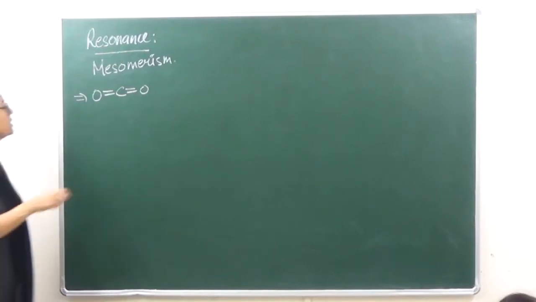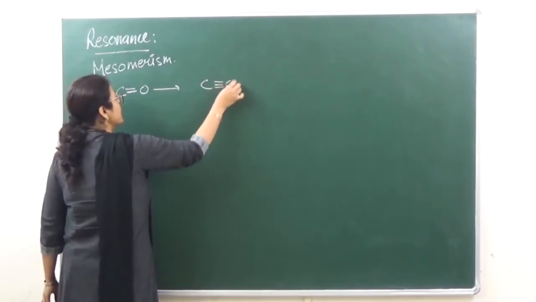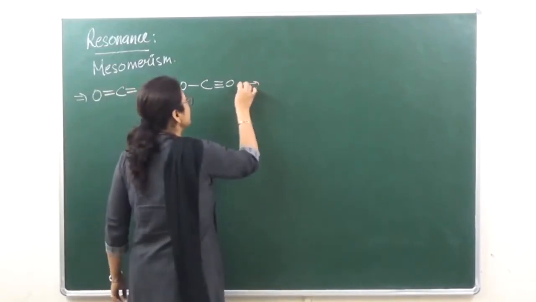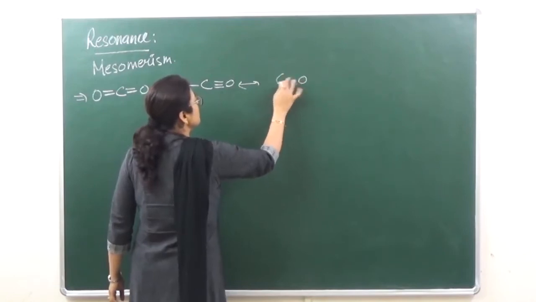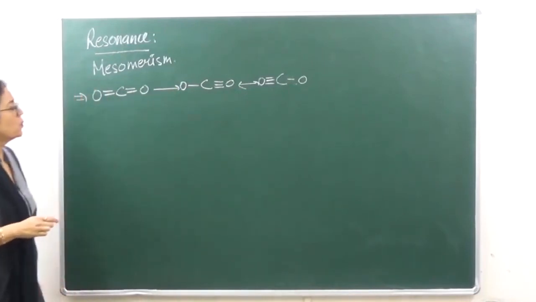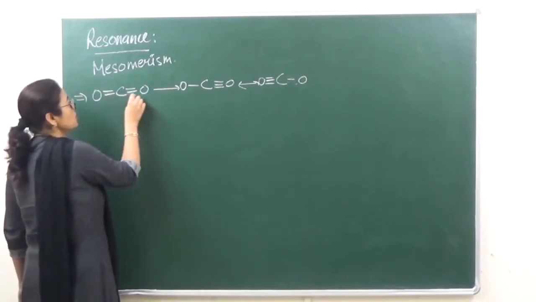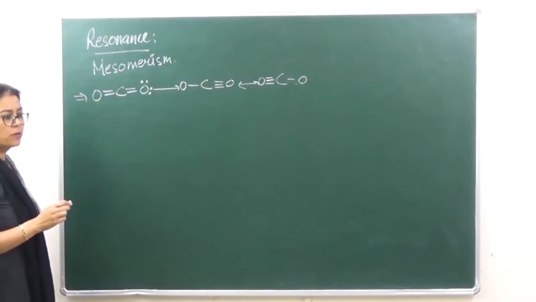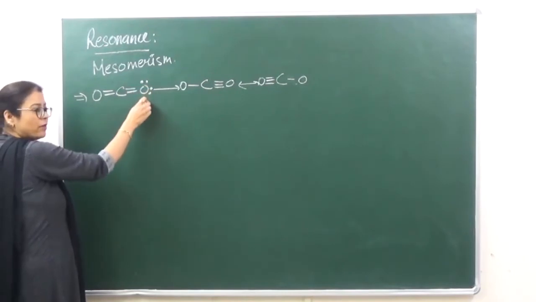let's say we are taking the molecule of carbon dioxide. Now it was suggested that the molecule of carbon dioxide may exist as this, or it may exist as this, right? Now when we are looking at these two systems, there are two lone pairs of electrons over here, 8 minus 1 2 3 4, okay?